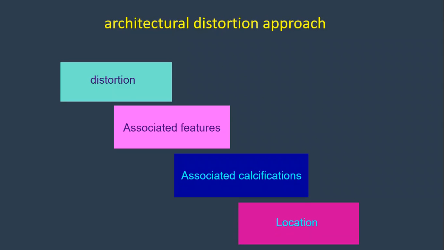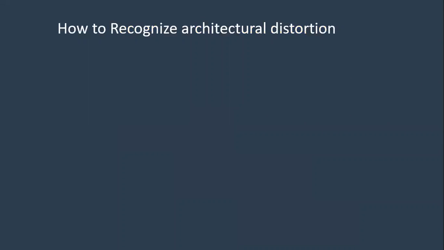Same approach. First we make sure this is an abnormality, call it architectural distortion, and confirm it. Is there any associated feature: mass, asymmetry, calcifications, skin changes? Then localize the lesion. Where exactly within the breast? The first step in our approach is to know how to recognize architectural distortion.